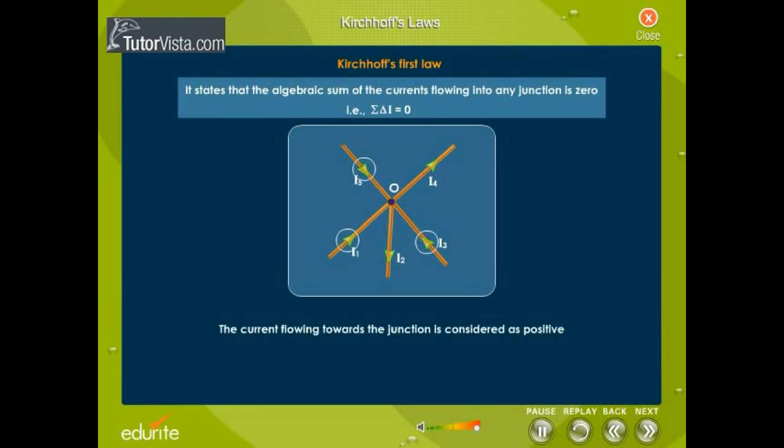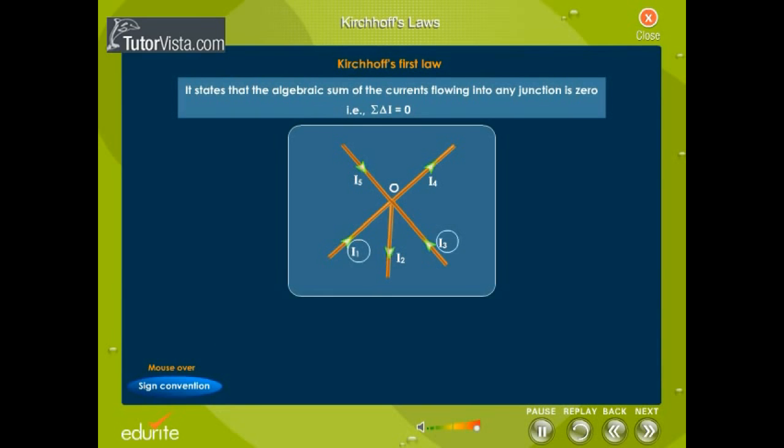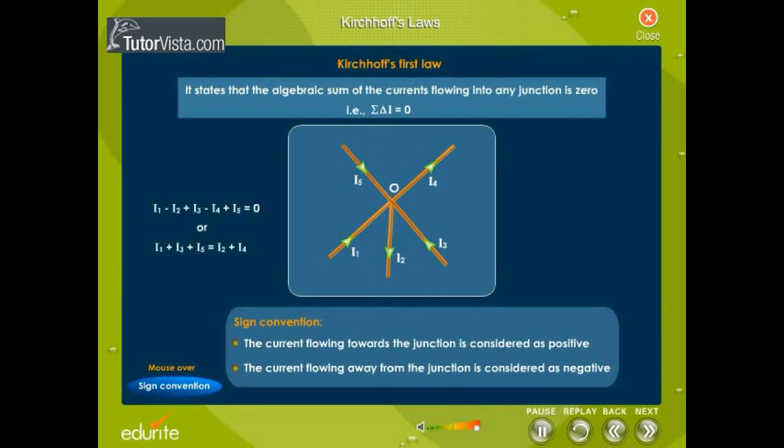The current flowing towards the junction is considered positive. The current flowing away from the junction is considered negative. Applying the sign convention, I1, I3 and I5 are positive and I2 and I4 are negative. That is, I1 minus I2 plus I3 minus I4 plus I5 is equal to 0.